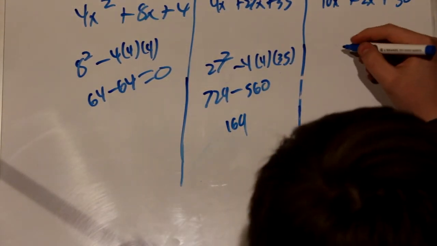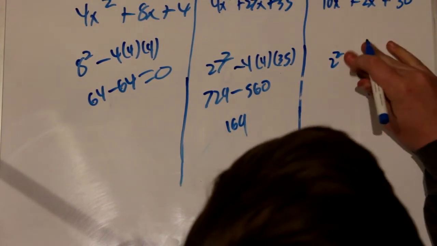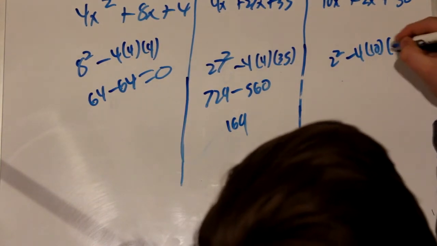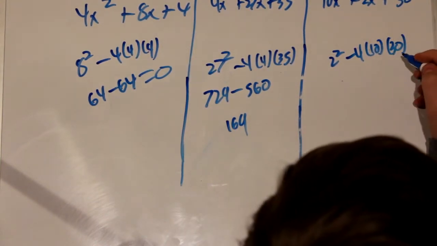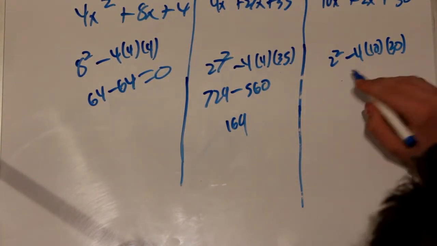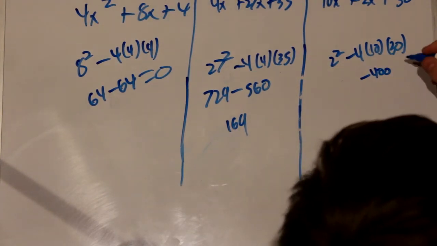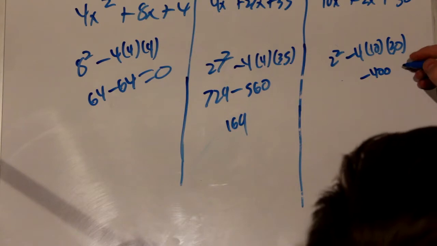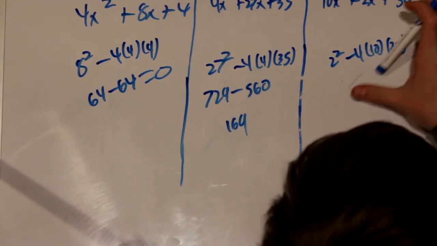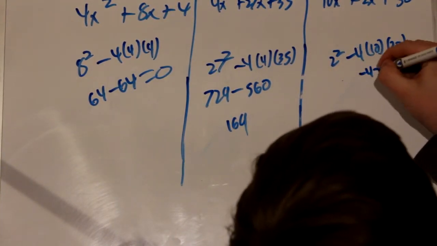Over here, let's plug these in and see what we get. 2 squared minus 4 times 10 times 30. Ooh, we're going to get a big number. So right now we have, 10 times negative 4 is negative 40.